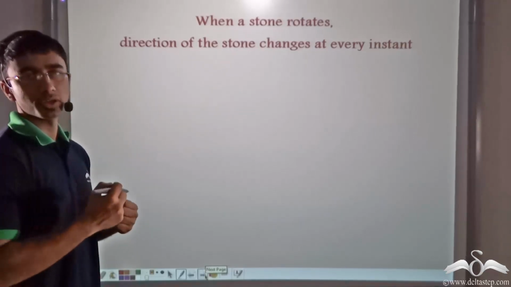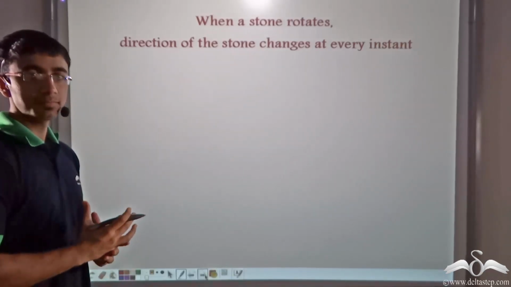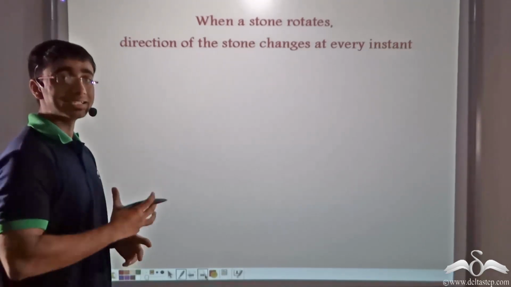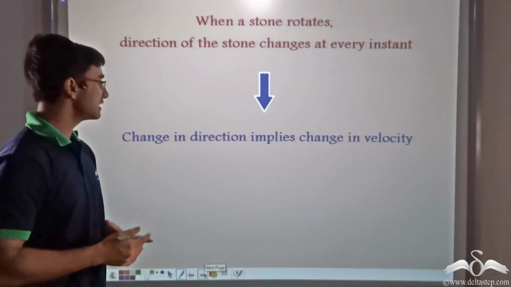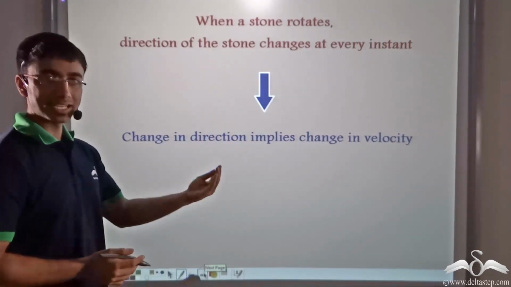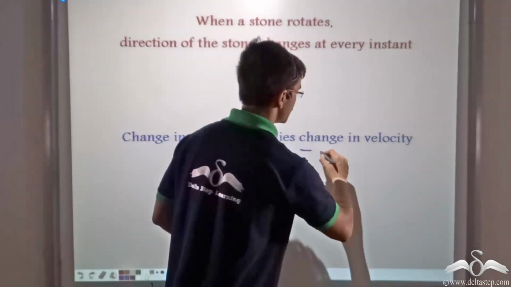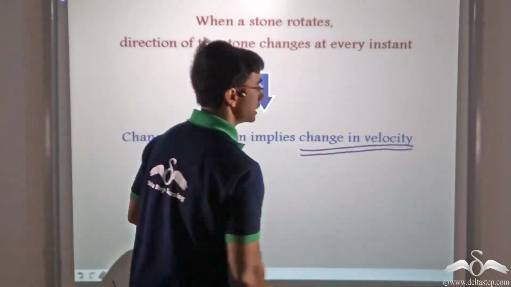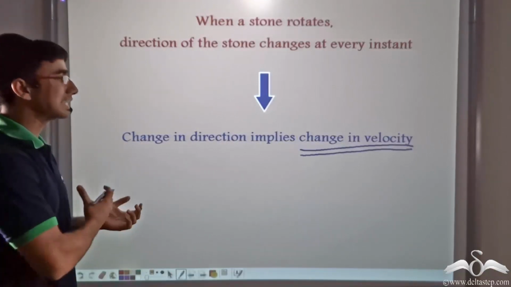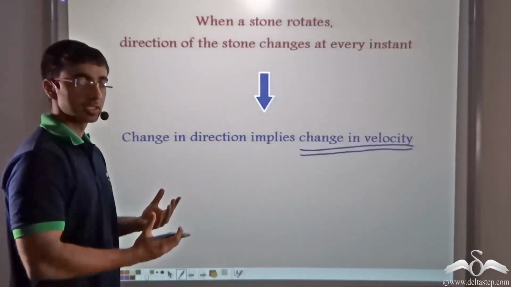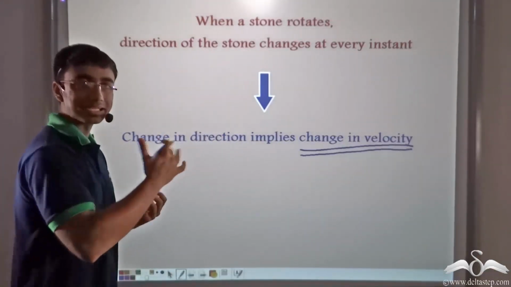And what do we know about velocity? We know that velocity is a vector quantity and it has a certain direction attached to it. So we can say that whenever there is a change in direction, there is a change in velocity. Because as I told you, velocity is a vector quantity and it has an associated direction. So direction and velocity go hand in hand.